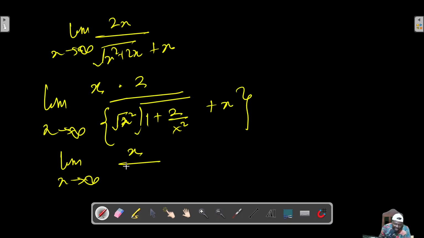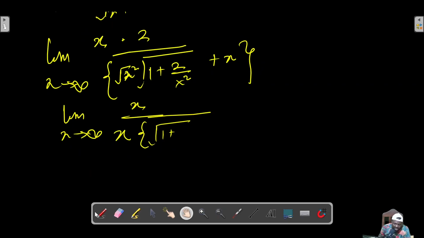So x divided by, now since here is x and we have x here, they are common. So I can factorize it out, leaving behind root of 1 plus 2 over x squared, plus 1. So this and this cancel out.